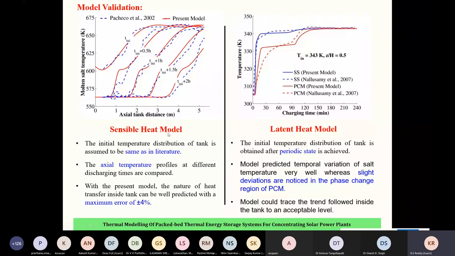This is distance-wise, and this is charging-time-wise. Both the sensible heat as well as latent heat models have been validated, and they are within good, reasonable limits.